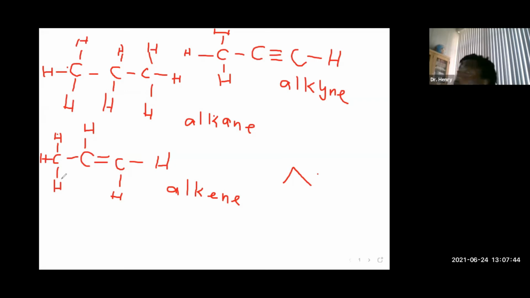Okay, in the case of a double bond, we go through the same process. The only thing that we do differently is we draw a double bond instead of a single bond. And triple bonds are a little bit different, because they're going to be linear, right?